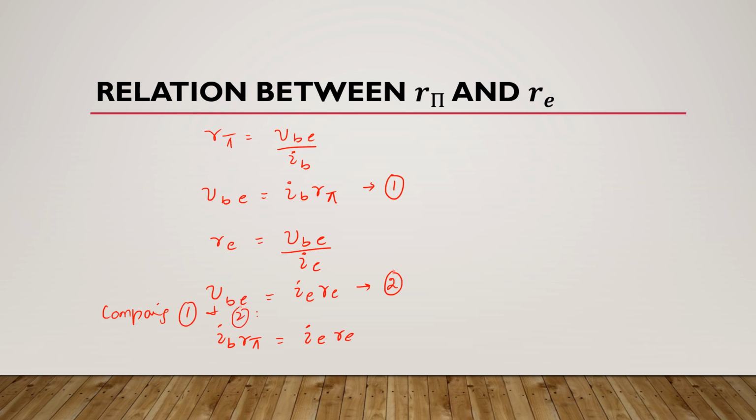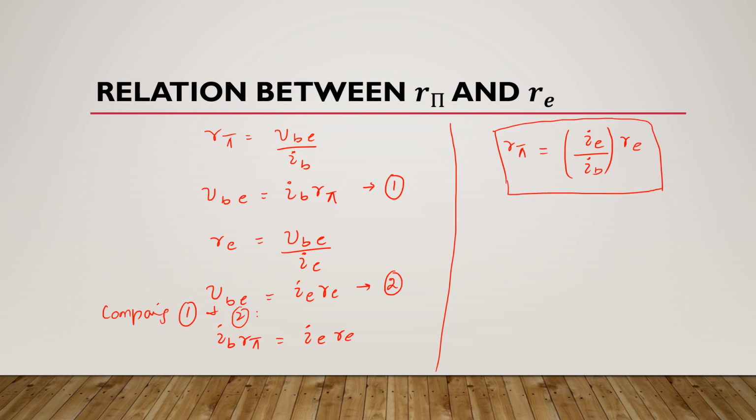Okay, now if we rearrange this equation, we get R pi is equal to IE divided by IB, and this term is multiplied by Re. Okay, so this is the relationship between R pi and Re in terms of current.